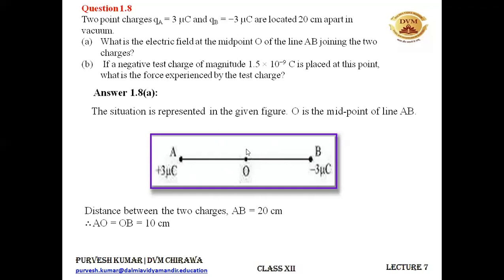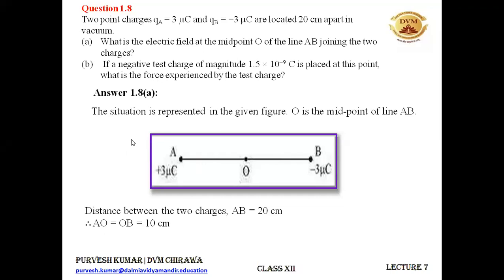The question says that we need to find the net electric field at point O. So electric field at point O will be because of the charge present at A and another because of the charge present at B, and then we need to add them according to the laws of vector addition. All right. So let's do it.